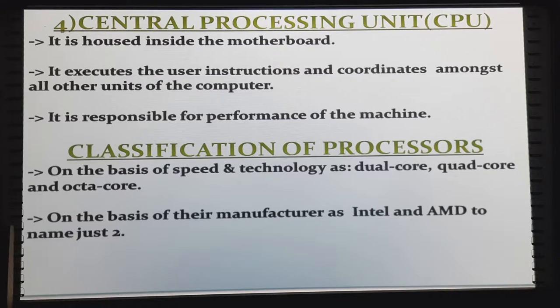It is also known as the heart or brain of the computer, housed inside the motherboard, performs all the processing tasks, executes all the instructions, and also maintains coordination among other units of the computer, and is mainly responsible for the performance of our machine. Remember these two classifications: on the basis of speed and technology, and on the basis of their manufacturer.